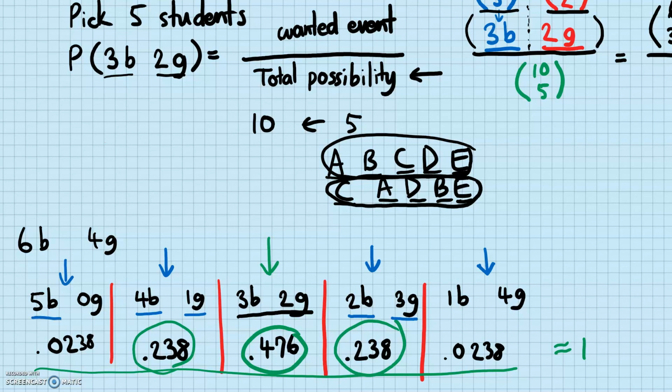Or why is choosing 5 boys and no girls gives you the same probability as choosing 1 boy and 4 girls? So think about these in your own time, and I hope that this problem familiarized you a little bit more on combinations as well as on probability.